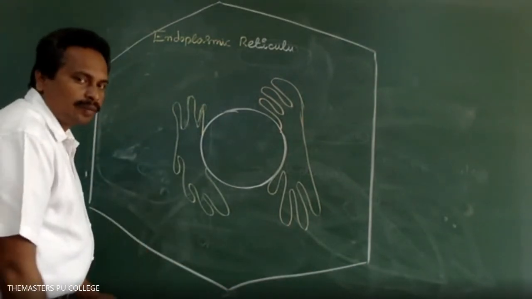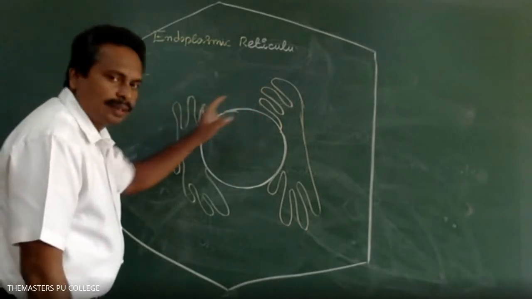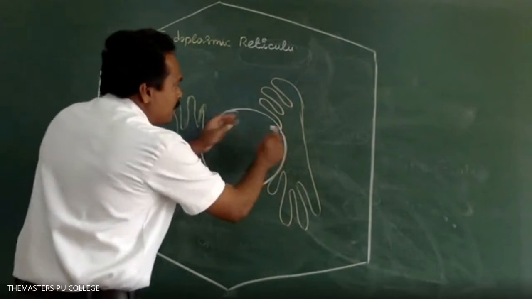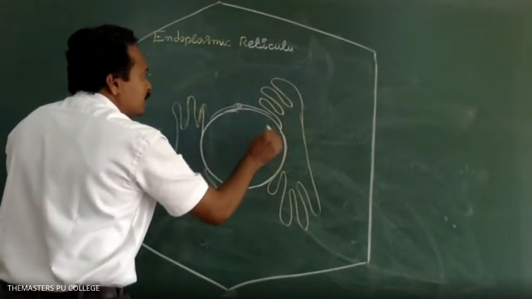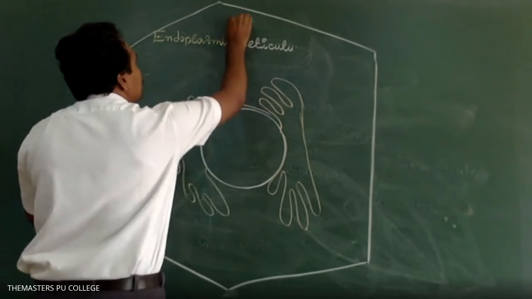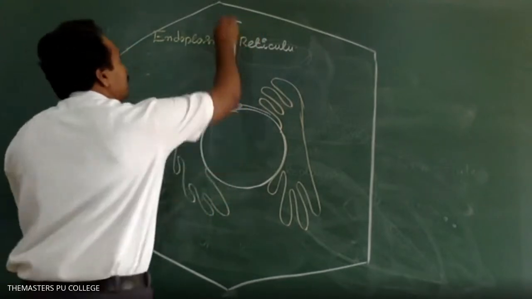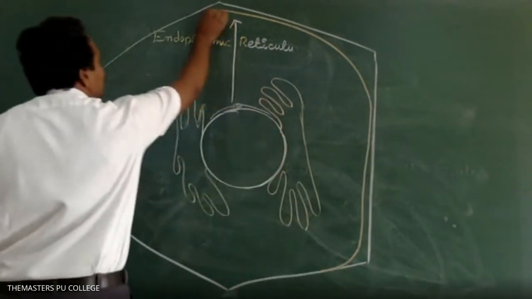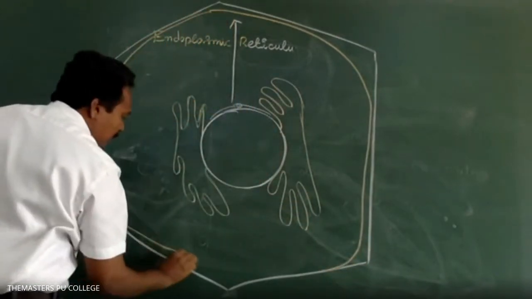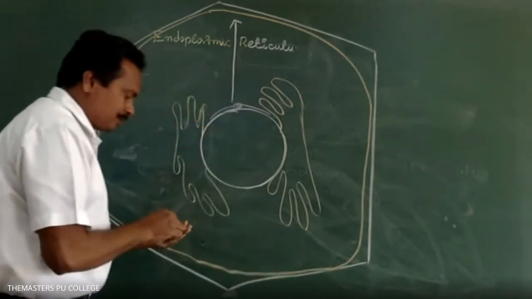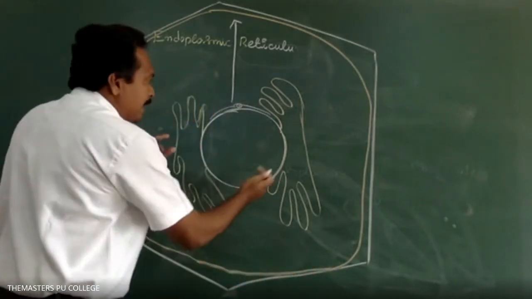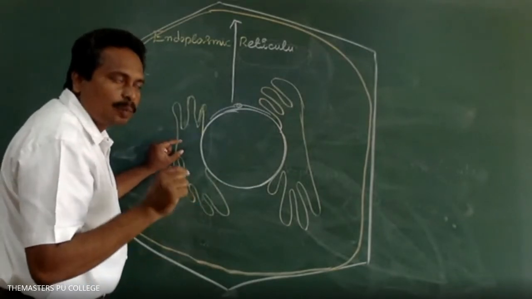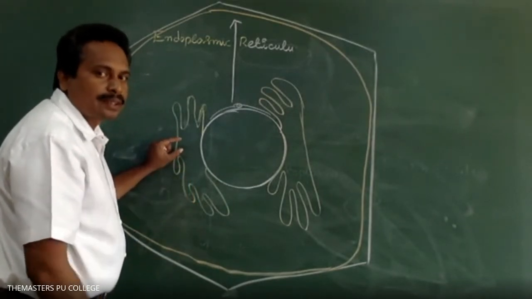Right, here I draw the cell wall. This outermost layer is the cell wall. Right. So this is the nuclear membrane. The space present between the nuclear membrane and the cell membrane is known as the cytoplasm. In the cytoplasm of eukaryotic cells, the endoplasmic reticulum differentiates the cytoplasm into two compartments.